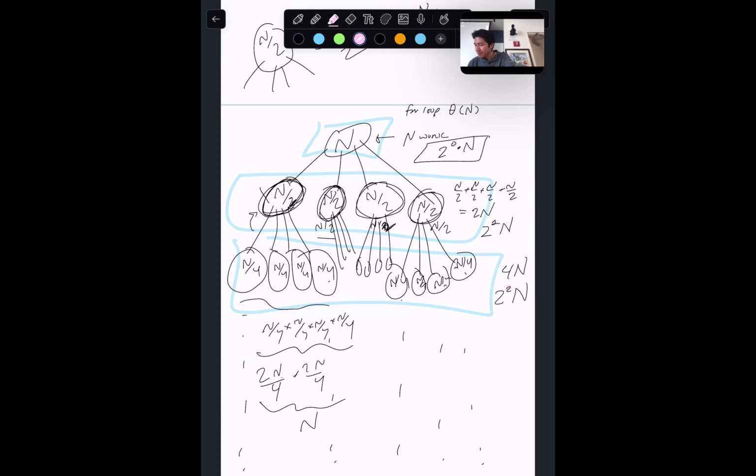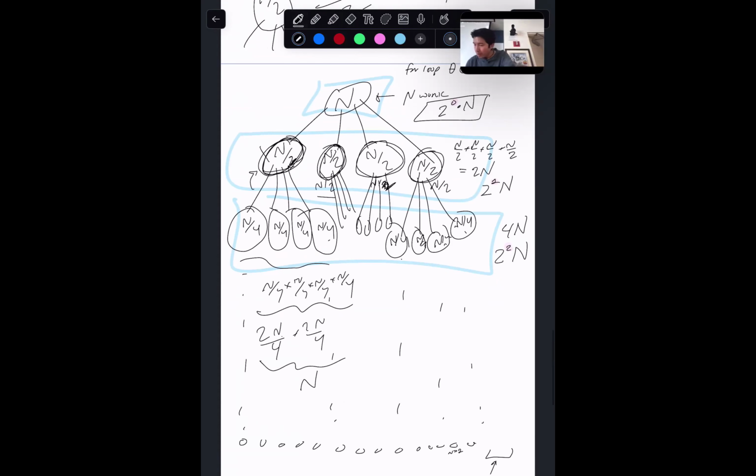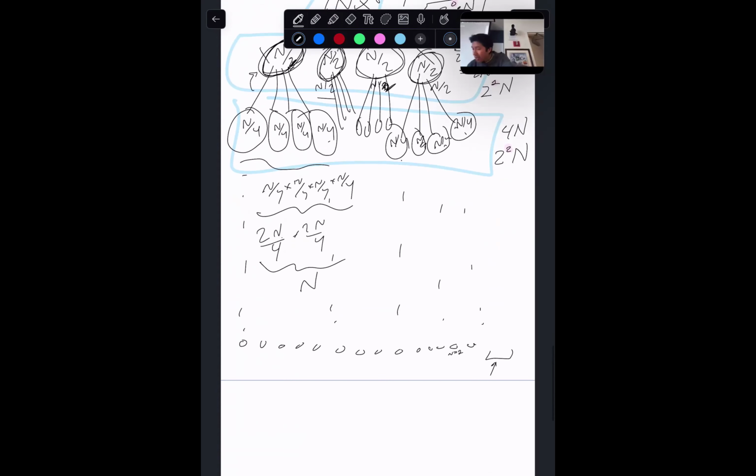This is the paradigm that you'll follow when you're doing these recursive algorithm analyses. So therefore, all the problem is asking me to do is, if the pattern follows, I have 2 to the last level of the tree, which is the height of the tree, times n.